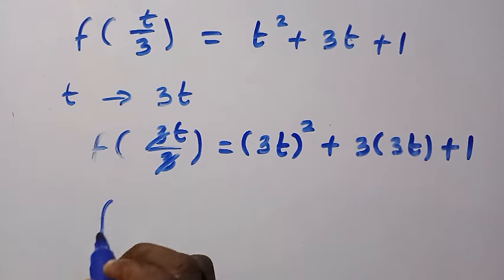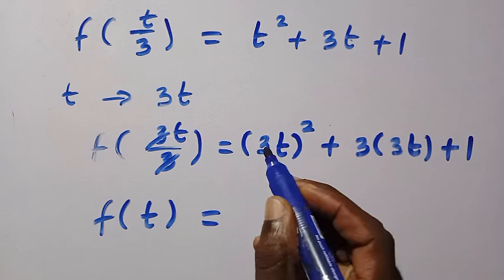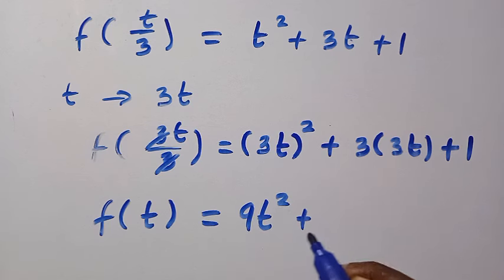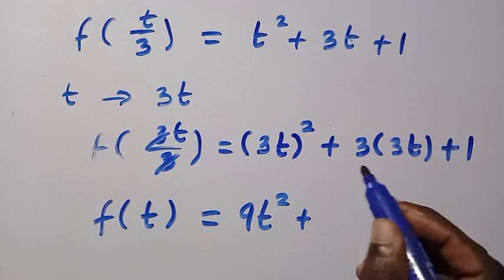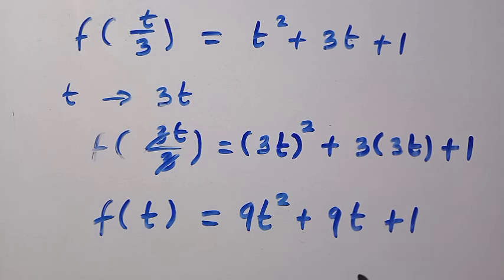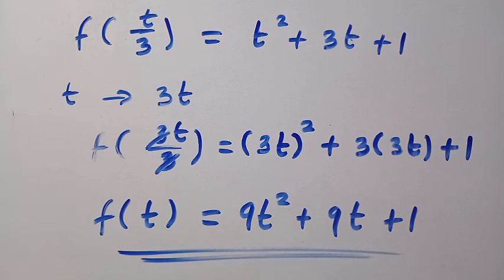When 3 cancels 3, we have f of t equals (3t) squared, which gives us 9t squared plus, also this one, we have 3 times 3t, that is 9t, plus 1. And this is the result of f of t. So we do two different substitutions here, and we get the result as we needed, which is f of t equals 9t squared plus 9t plus 1.